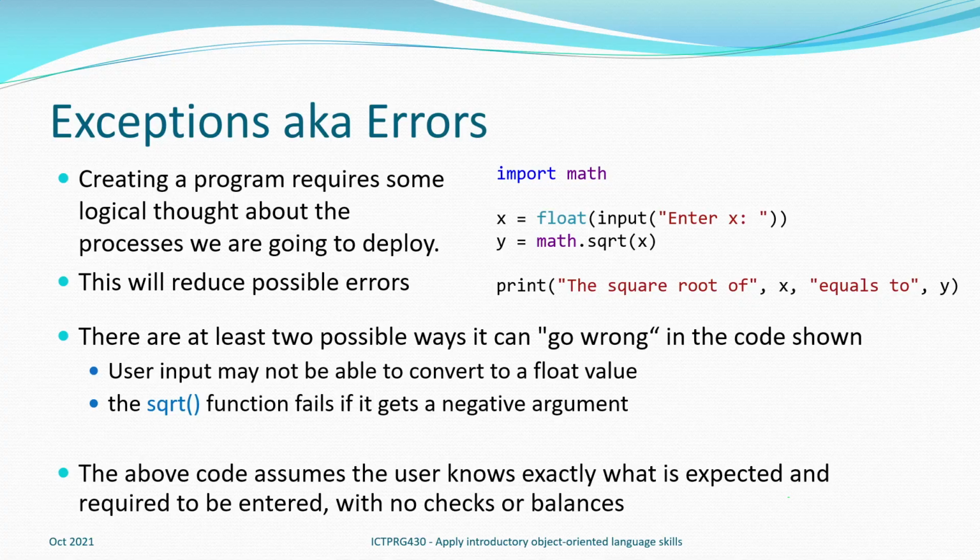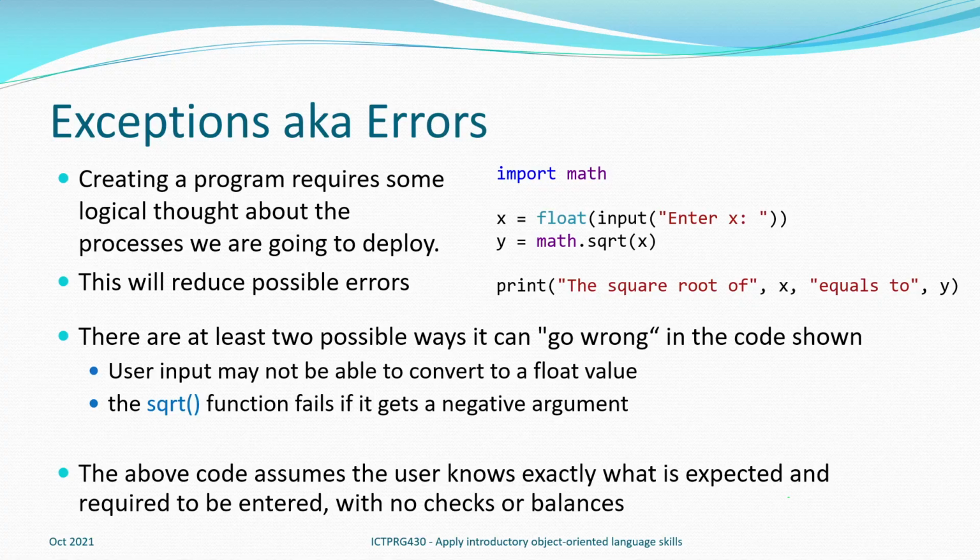We just say enter x. We don't tell them what we expect x to be. So they could put in something that the float type of variable isn't equipped to handle. So this is one of the ways things can go wrong.